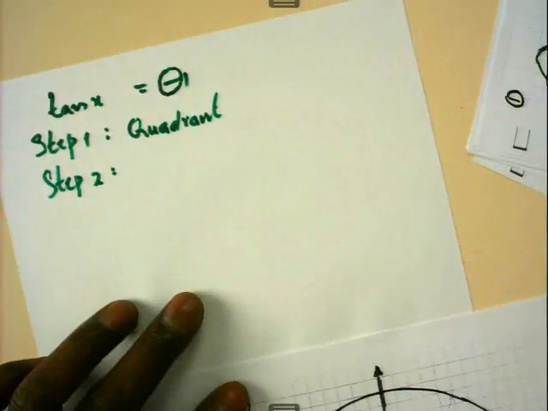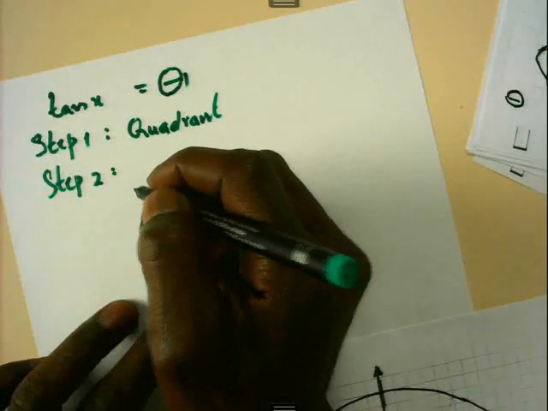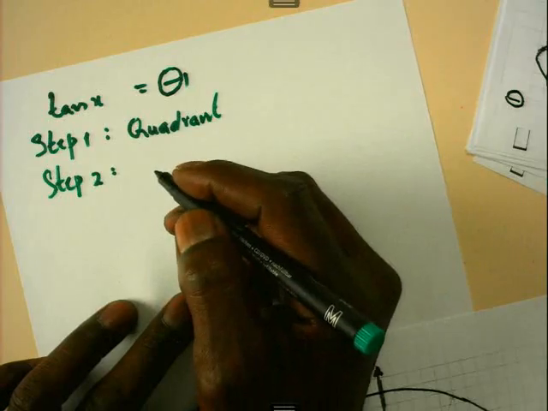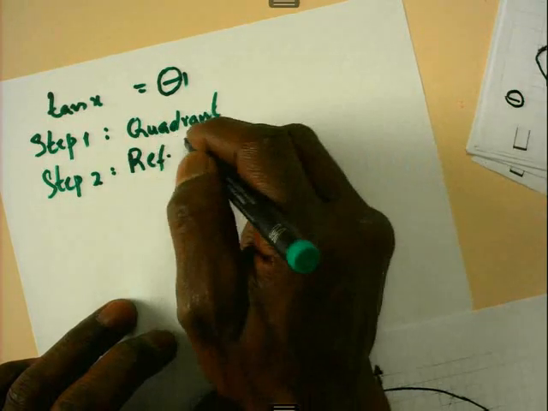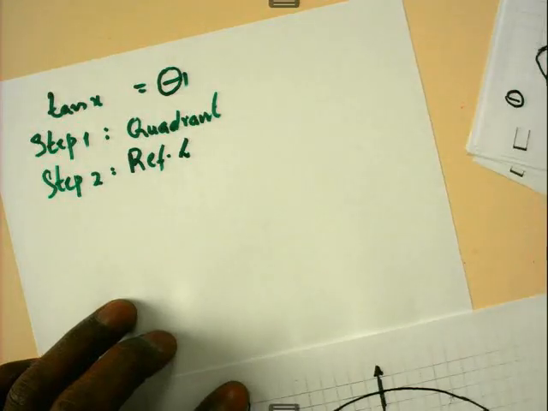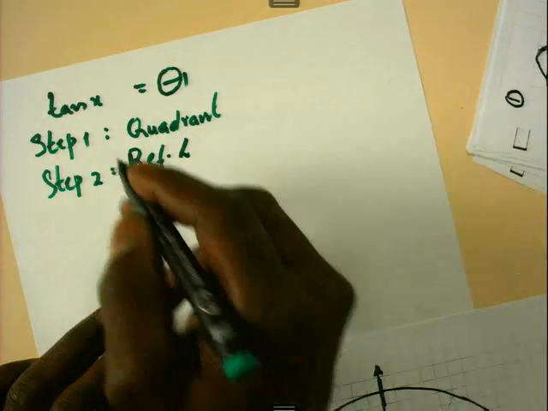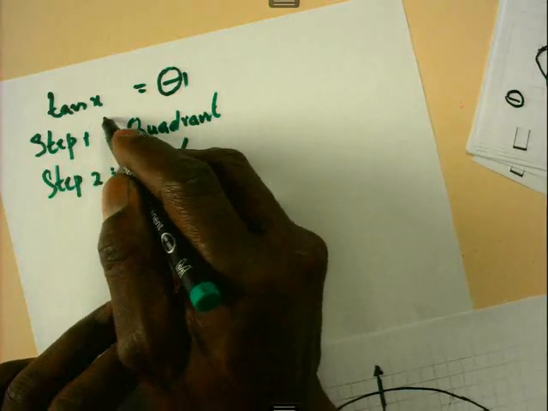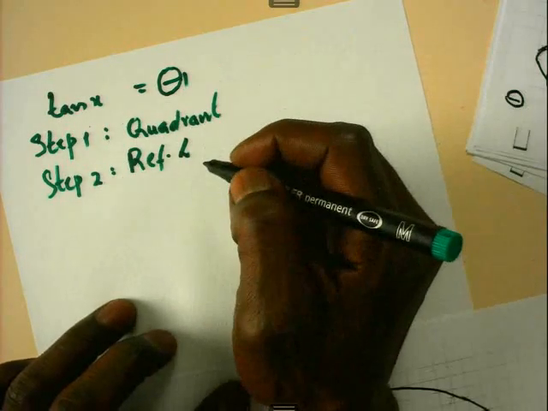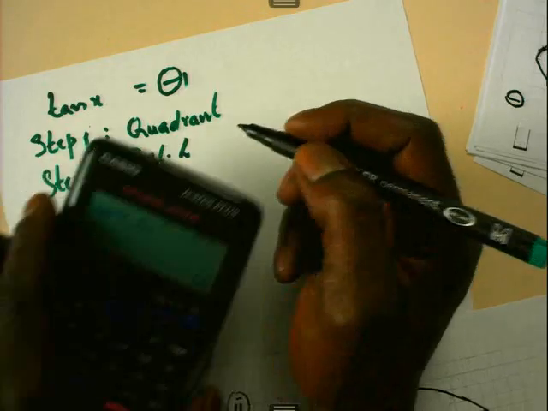Now, step number 2, we are going to find the reference angle. We are going to refer to this angle to find the solution for the equation tan x is equal to -1. How do we do that?